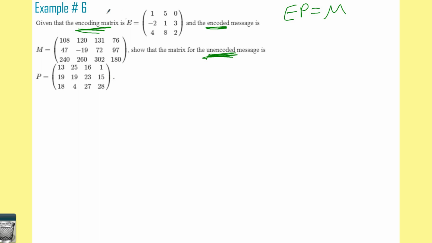So the encoding matrix, the one that's doing the work, that's changing stuff, times your message that's not coded, equals the new matrix.